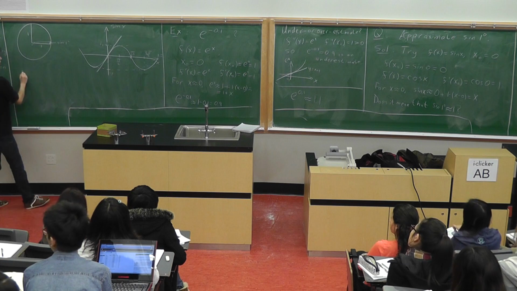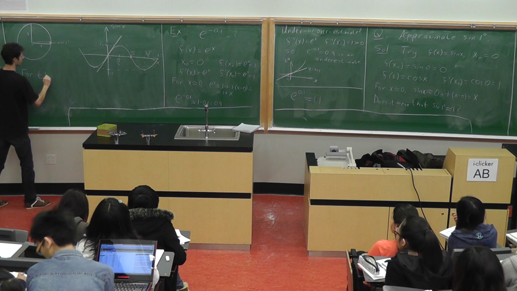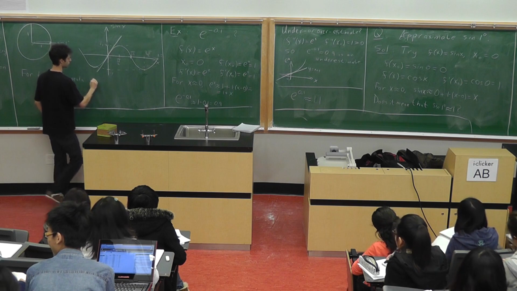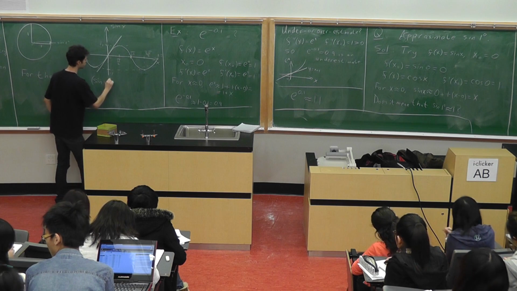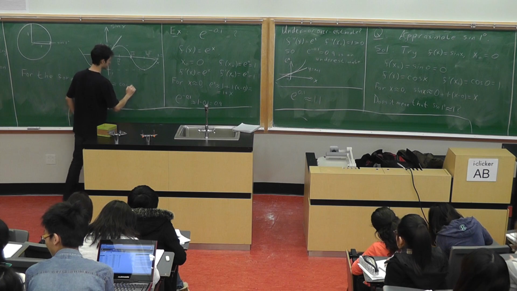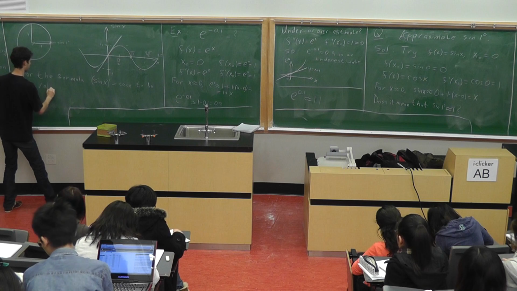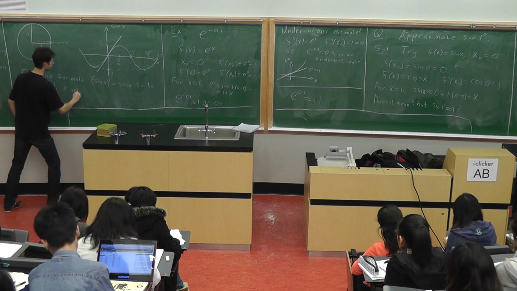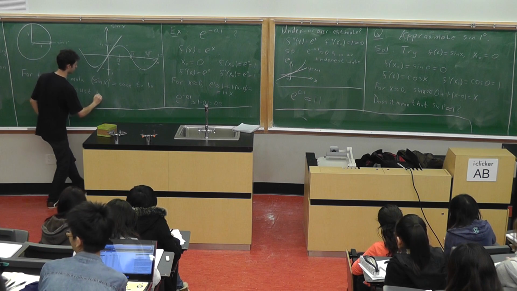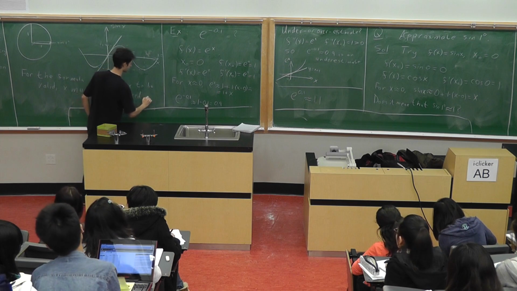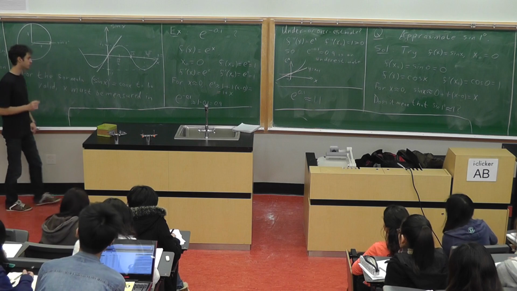So for the formula that the derivative of sine is cosine of x to be valid, x must be measured not in degrees, but in radians.